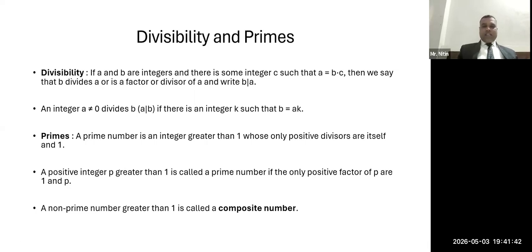Is 3 a prime number? As per the definition, a prime number is an integer greater than 1 whose only positive divisors are itself and 1. Yes, 3 is greater than 1, and it is divisible by 1 and by 3 only. So that is a prime number.